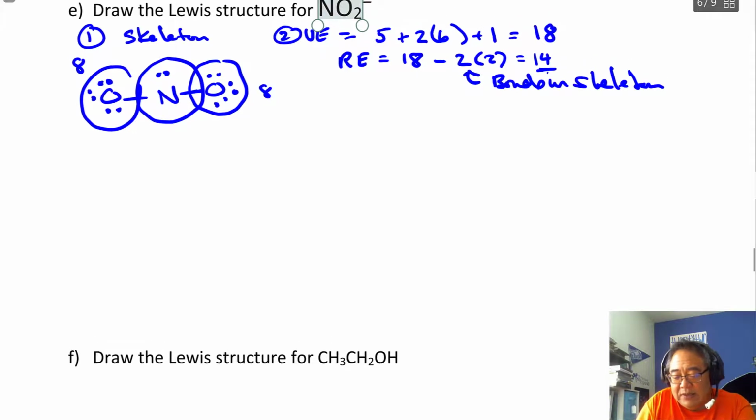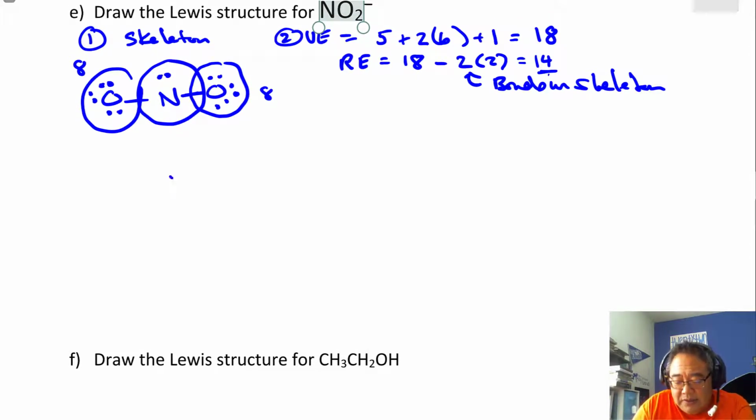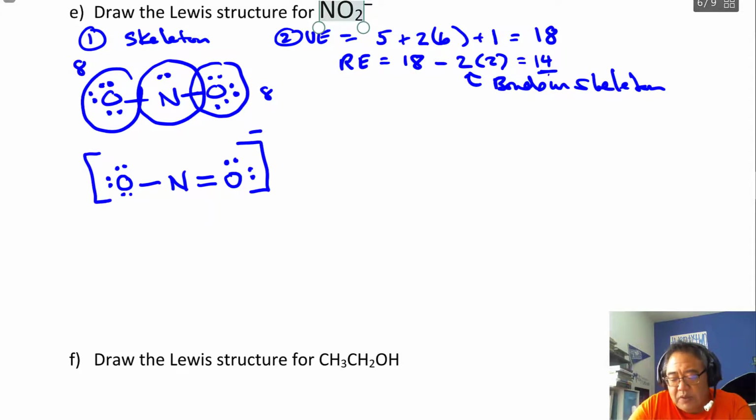And so this will go like this. We're going to go nitrogen, and then I'm going to bring in another pair from the right side like this. And this side will still be the same. And I'll put brackets around it like this. And this is a -1 charge.